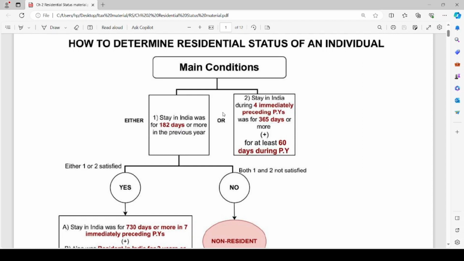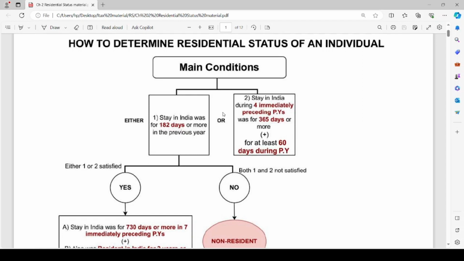Or the second condition is the stay in India of the individual should be for at least 60 days during the previous year, and additionally along with this, the person should have stayed in India during the 4 immediately preceding previous years for 365 days or more.